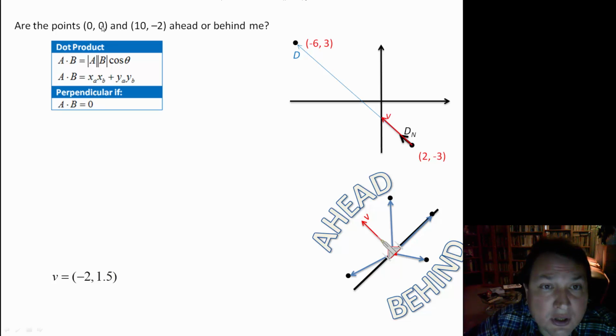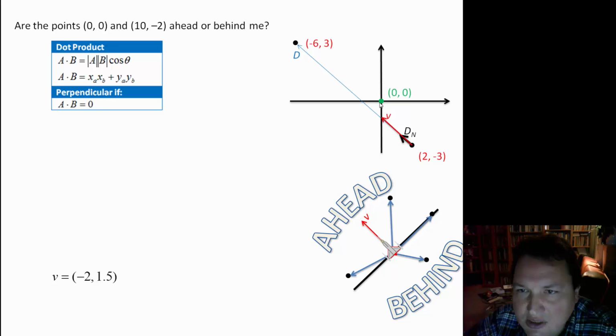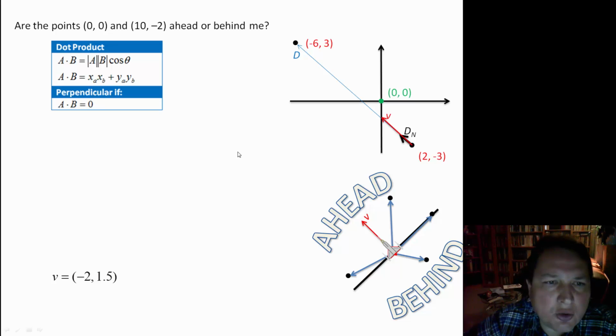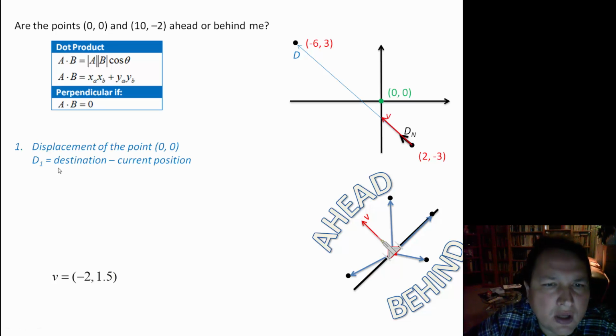So let's take the point (0, 0). Please note these are special coordinates. (0, 0) is the point which is exactly here, but it's just a point like any other. So for the point (0, 0), the displacement of this point, which I will call d1, where this 1 is just an index, a part of the name of this displacement vector, is calculated as destination, in this case the point (0, 0) I am checking whether it is ahead or behind me, minus my current position.